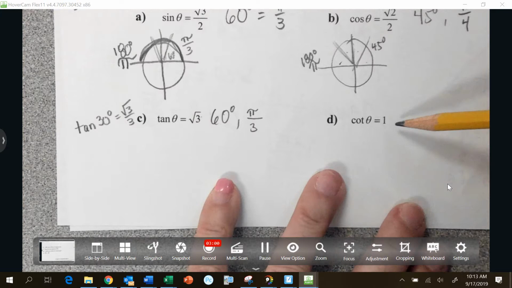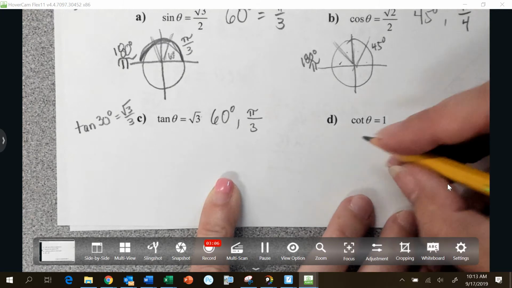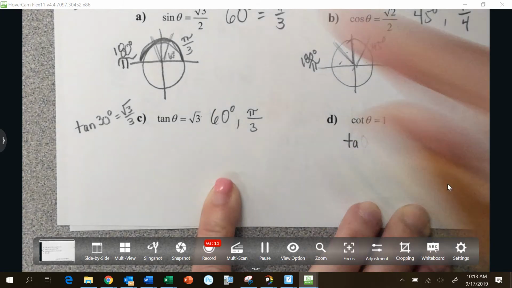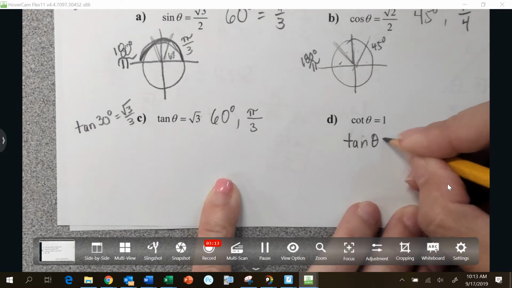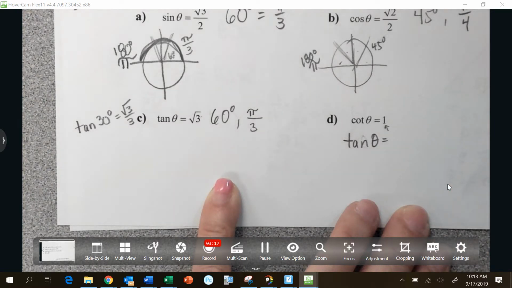And then cotangent. I don't have cotangents memorized, but I have tangents memorized. So if I were going to think about the tangent instead of the cotangent, what would I do to this number? I'd flip it. Okay.